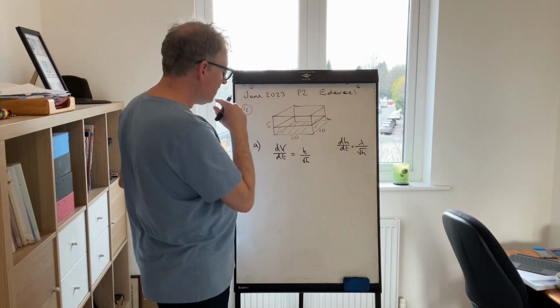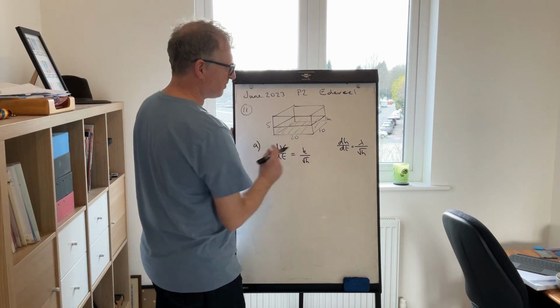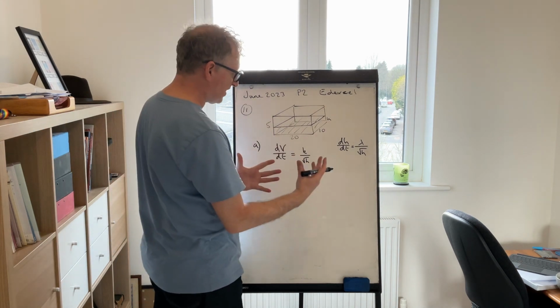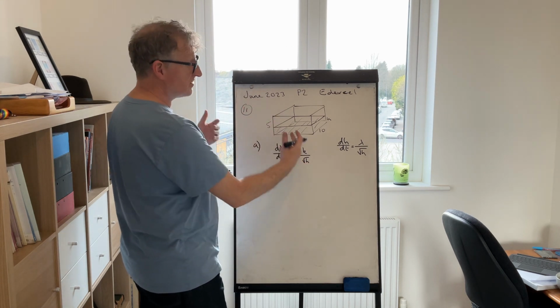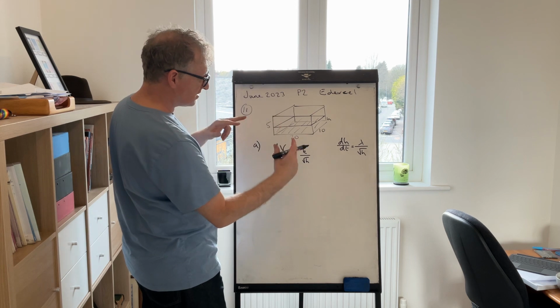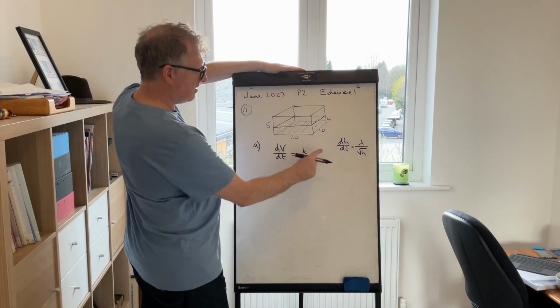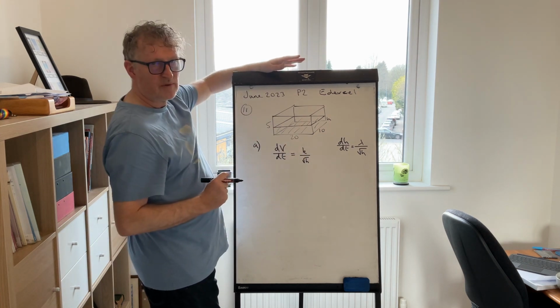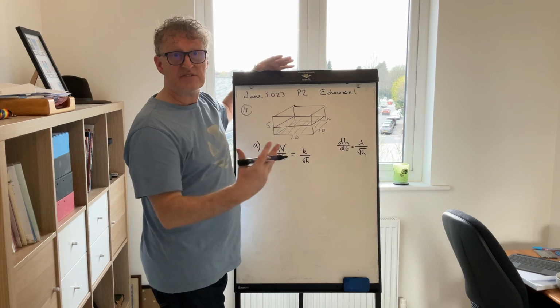Now, we haven't got dH by dt; we're trying to make it look like that. We want dH by dt. So with all these questions, you have something to do with the rate of, in this case, the volume, but you also have some connection between V and, in this case, H. And that connection will usually be a formula that links the two.